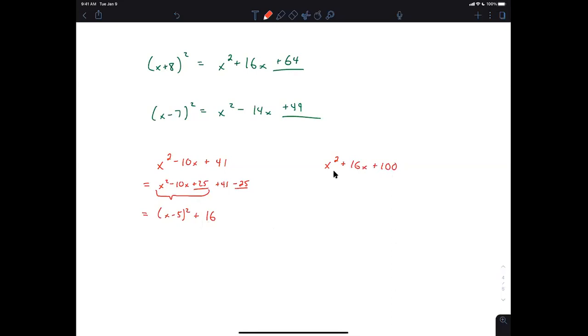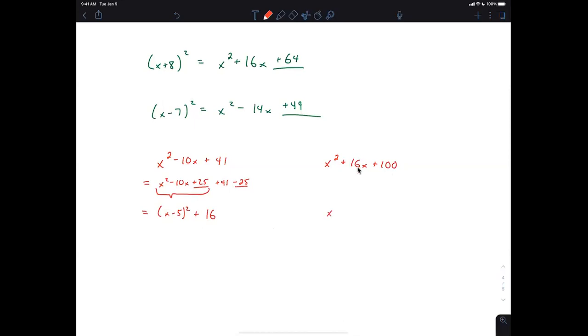But x squared plus 16x is the beginning of what perfect square? x plus what, or x minus what, squared? Plus 8. So x squared plus 16x is the beginning of x plus 8 squared.